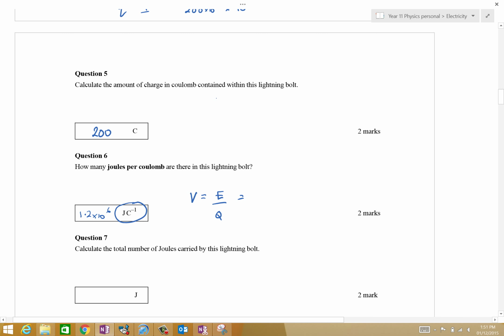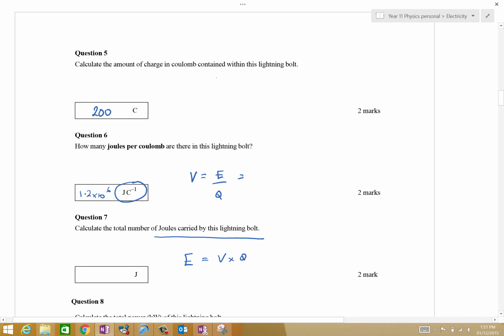Now it says calculate the total number of joules carried by this lightning bolt. Well, we can say that E is equal to V times Q, which is 1.2 by 10 to the 6.